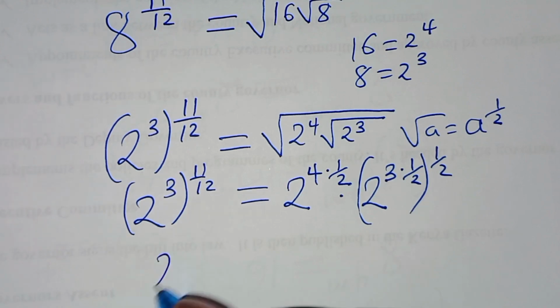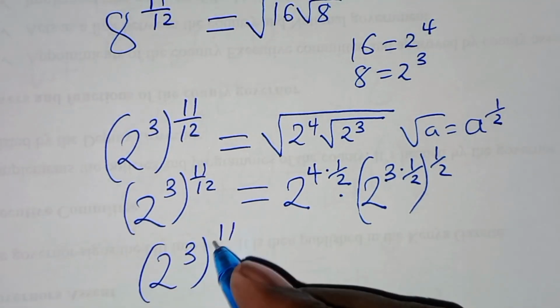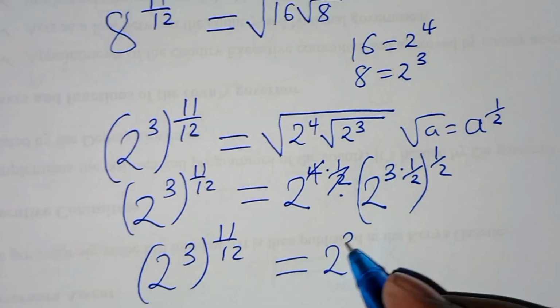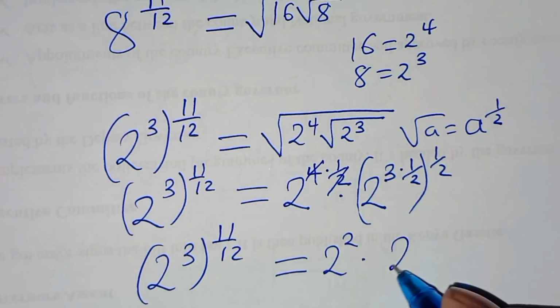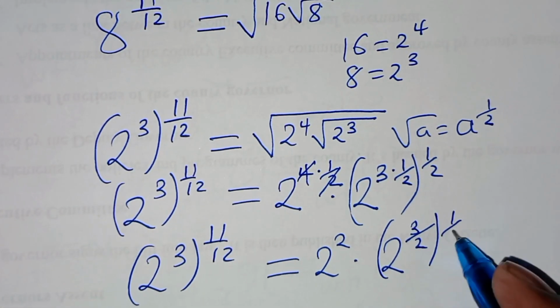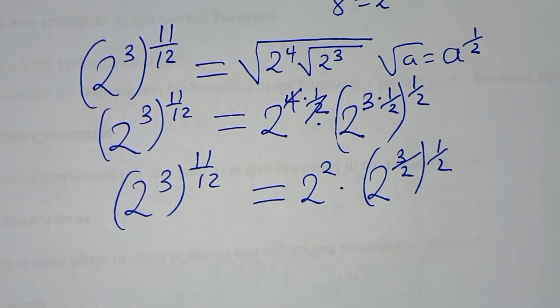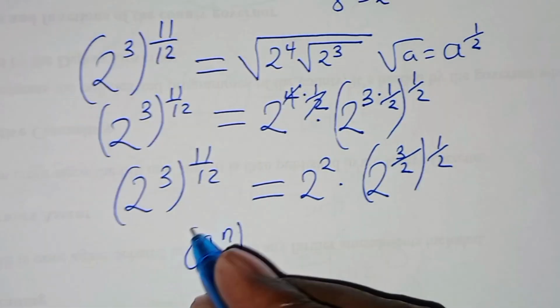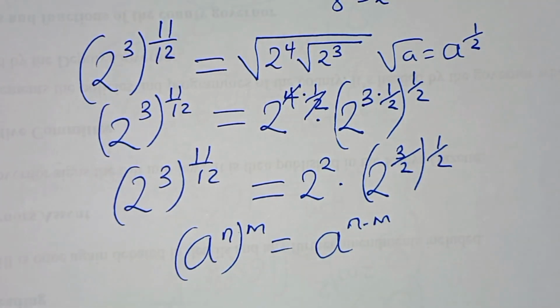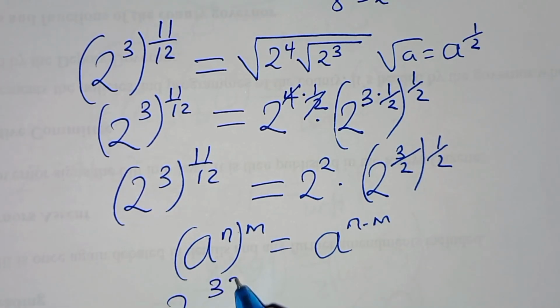So this here is 2 to power 3 raised to power 11 over 12. This is equal to, now we simplify here, we have 2 to power 2 times 2 to power 3 over 2. Now given that 8 to power n raised to power m is the same thing as 8 to power n times m, applying this exponent property, we have 2 to power 3 times 11 over 12, which is the same thing as 33 over 12.